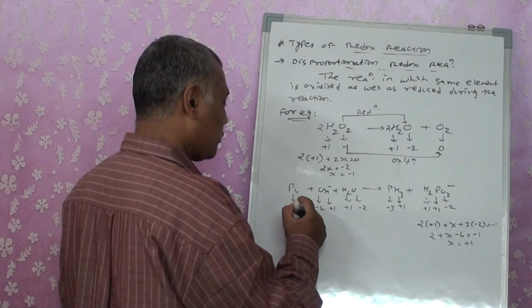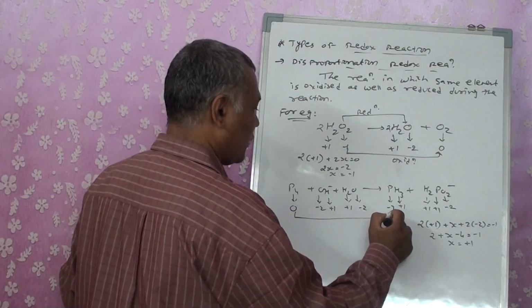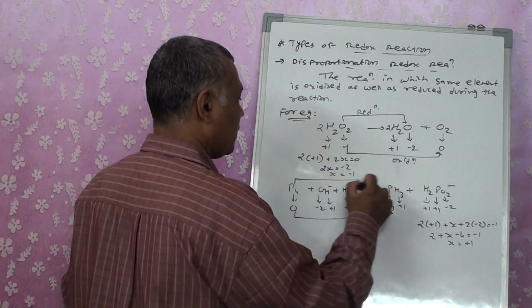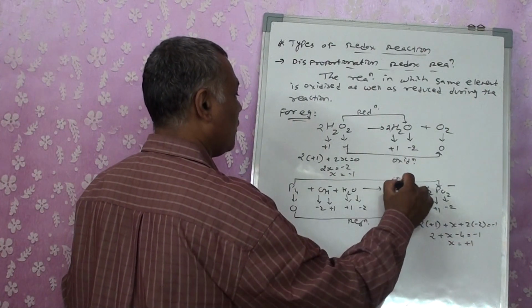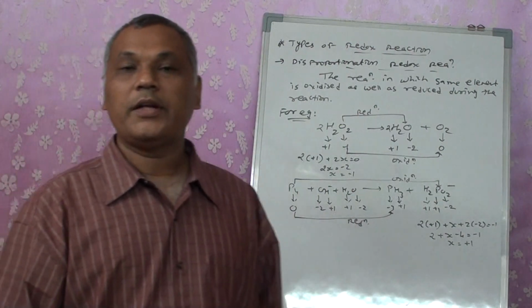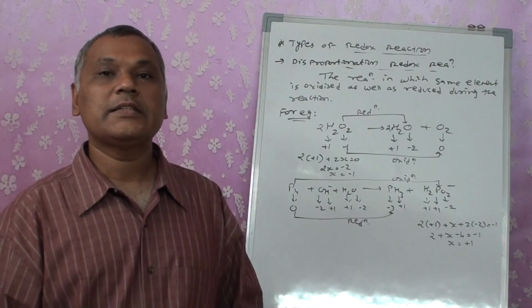Right? So what does this show? Phosphorus has been reduced. Phosphorus itself has been oxidized. The same component has been reduced and the same component has been oxidized.